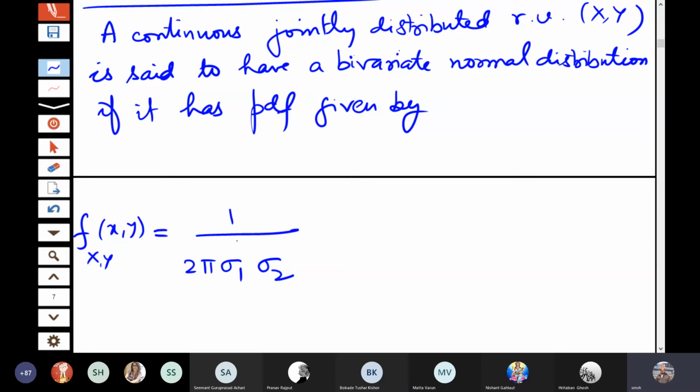So you can easily understand in one normal distribution you had 1 by sigma 1 root 2 pi and another one was 1 by sigma 2 root 2 pi. So this will be the product term, but we have something more here.